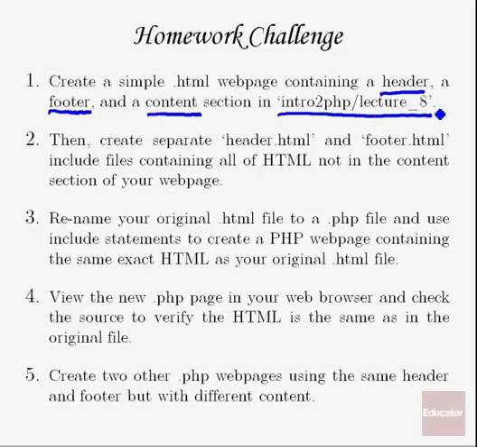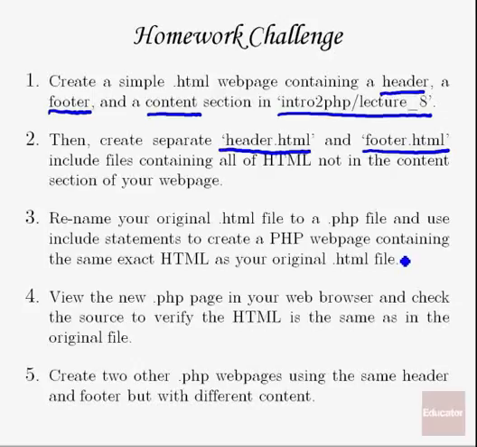And then what I want you to do is what we did here, which is extract out the parts of the file that would be common to multiple web pages on that website. So the header, for example the name of the store, would be common to all of your web pages. You're going to extract that out to a file called header.html. You're going to extract out the footer content to footer.html, and then create a new PHP version of your web page that uses the include statements for header.html and footer.html, and has the content included in the middle.